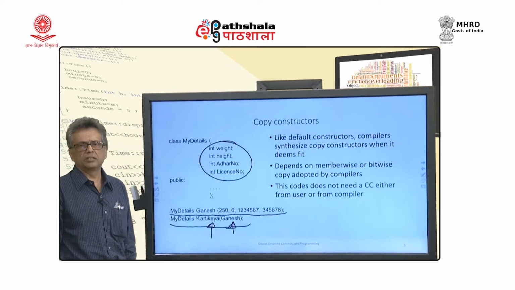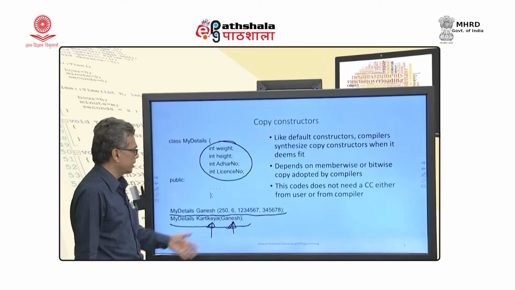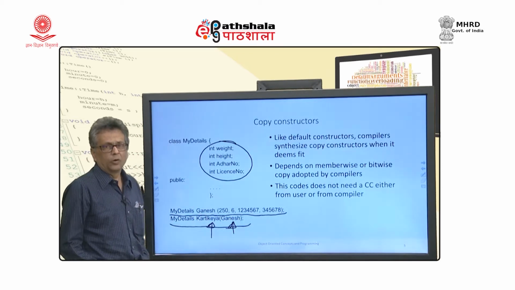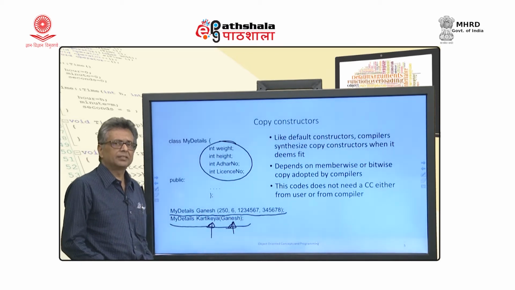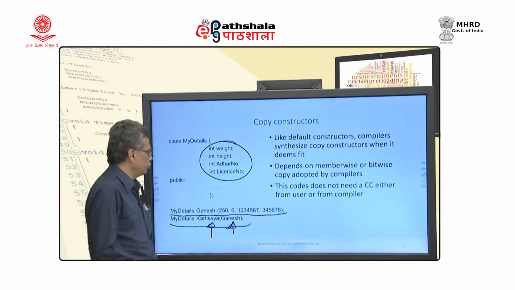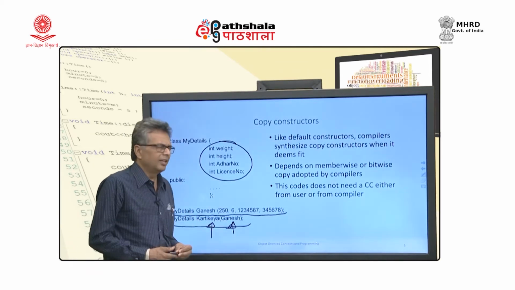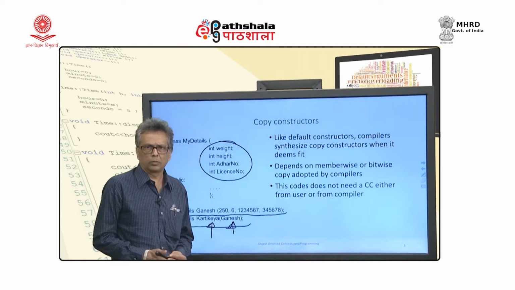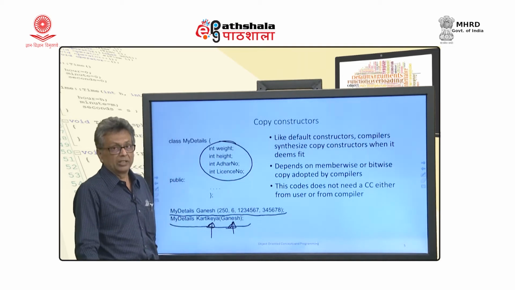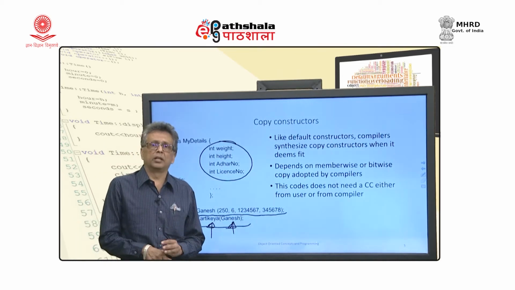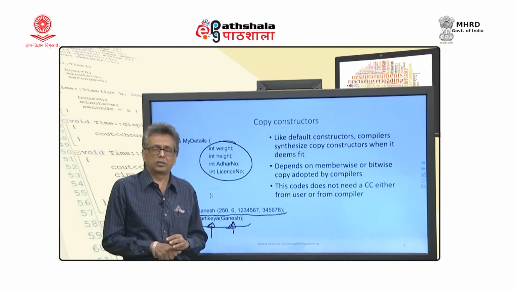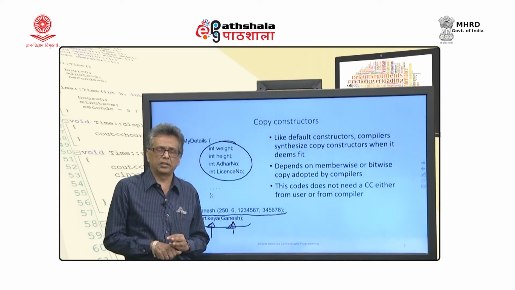Obviously, this invokes the copy constructor, but do we need to synthesize a copy constructor? Do we need to augment anything? In this case, there is nothing which we need to augment. But as I said, there are cases where neither the user nor the compiler wants synthesizing.